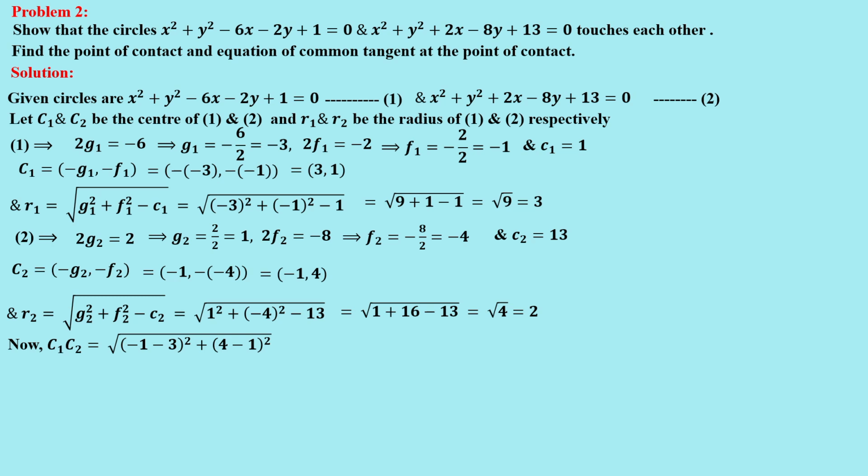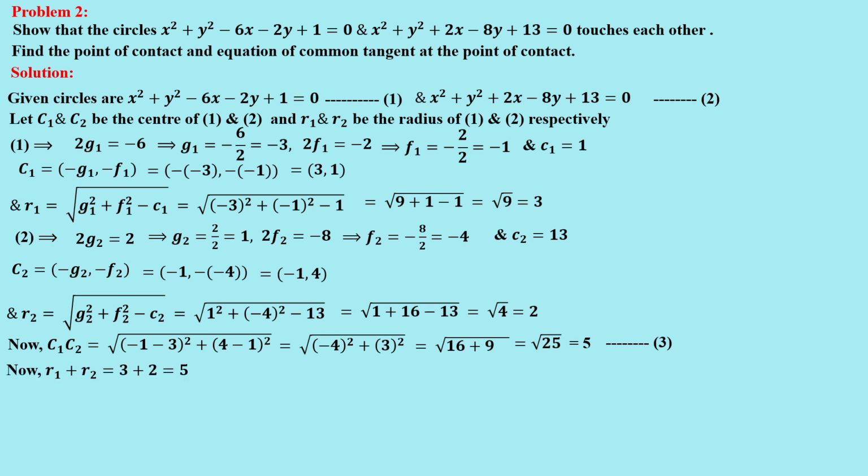Taking C1 as (x1, y1) = (3, 1) and C2 as (x2, y2) = (−1, 4), we get √((−1 − 3)² + (4 − 1)²) = √(16 + 9) = √25 = 5. That is equation number 3.